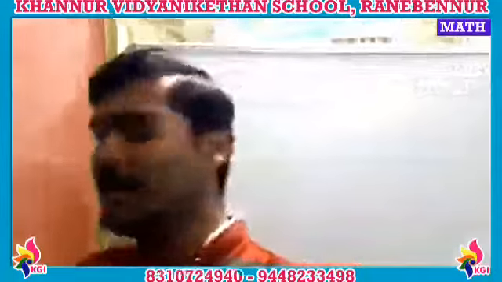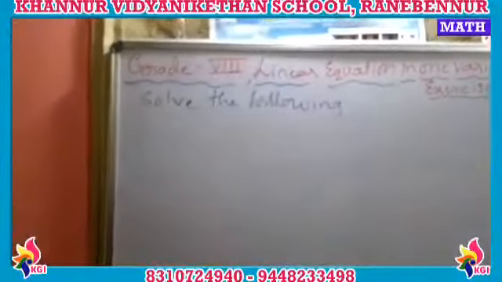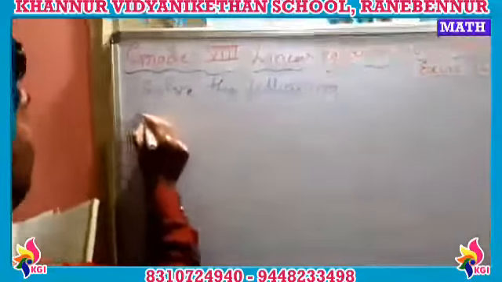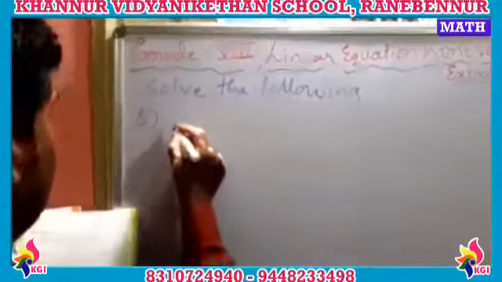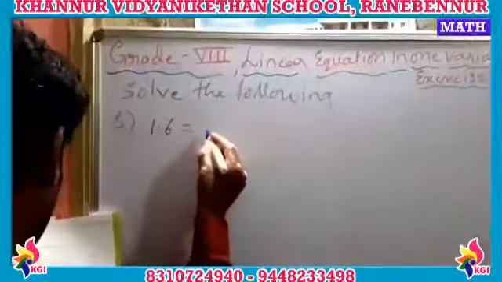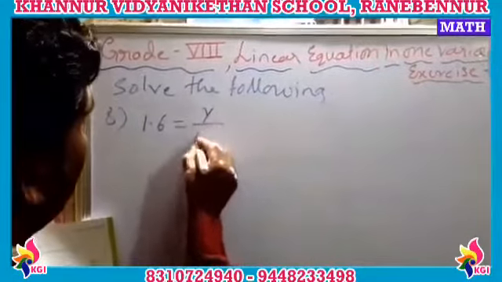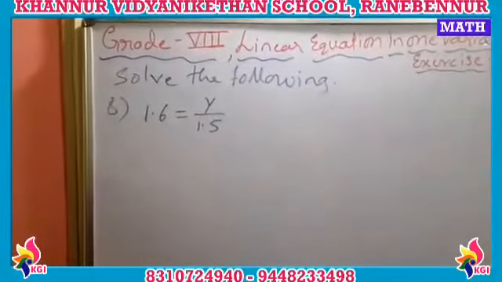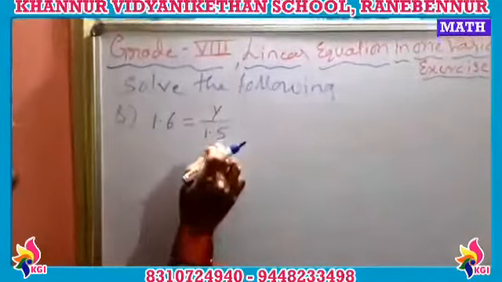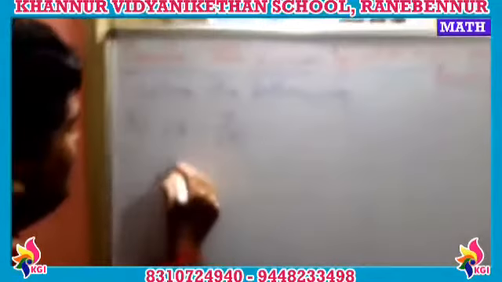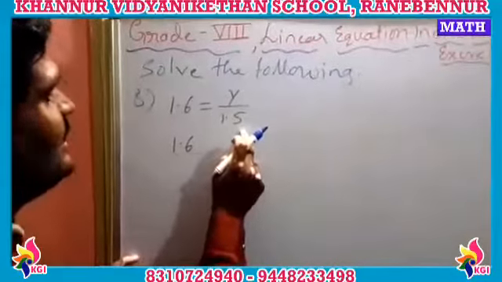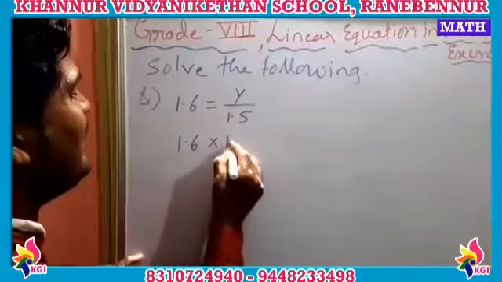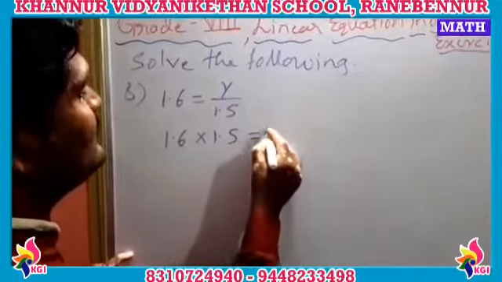We can go for the 8th one. What is the 8th one here? It is having decimals in this. It is 1.6 is equal to y divided by 1.5. Here y we want, correct? So the value of y we want means we don't want this 1.5. Let me write 1.6 as it is. The 1.5 in the denominator goes to the other side and is going to become a multiplication, that is equal to y.